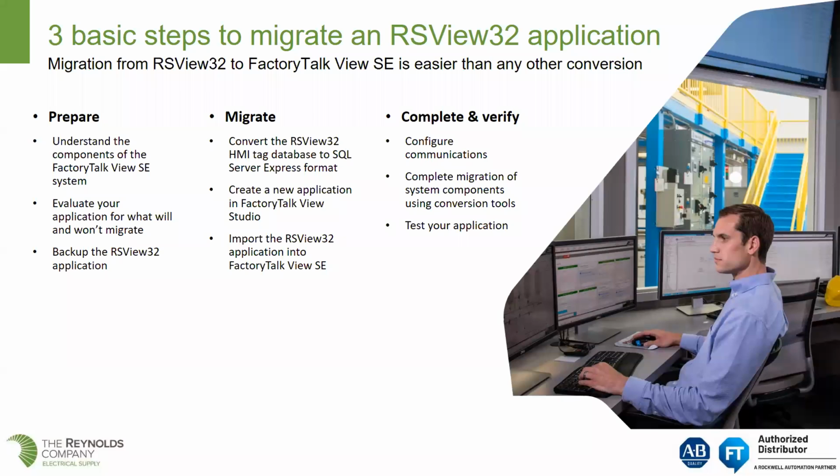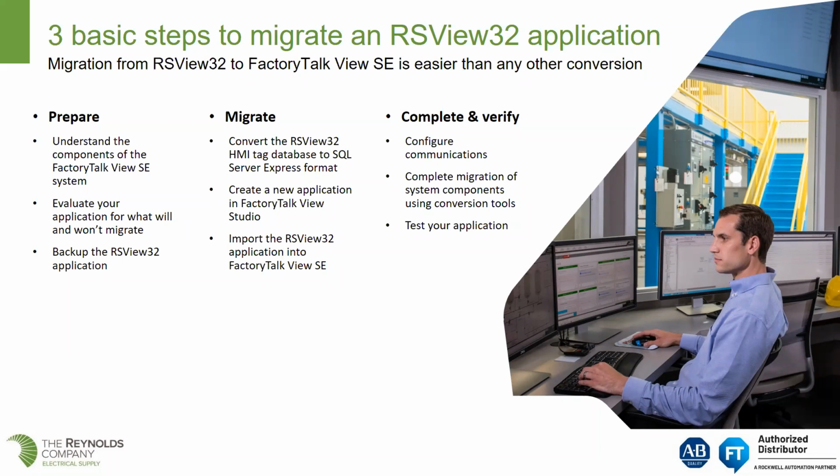Preparation, understanding what it is you're going to do, is a key thing. The actual migration and complete and verify are steps that are kind of mechanical and we get through them, right? But the preparation is a key step.